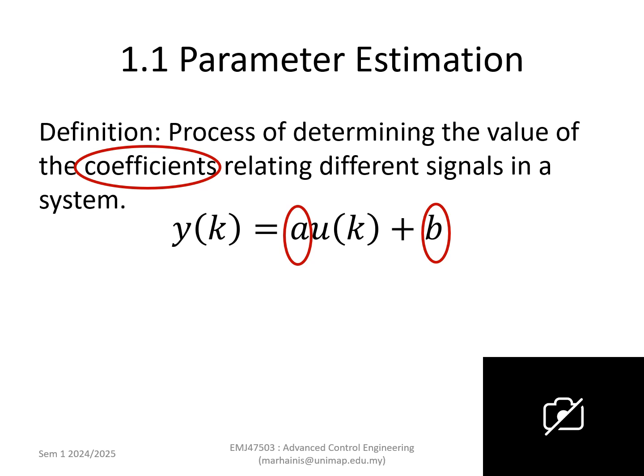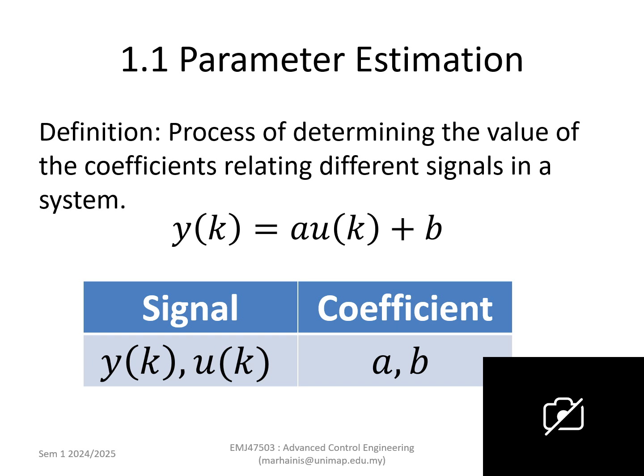So a and b are coefficients, constant values, while signals are varying parameters. Okay, so if we tabulate the signals and the coefficients regarding the equation given, signals are yk and uk, and coefficients are a and b. So you have to know how to differentiate the signals and coefficients before we go to the next step.